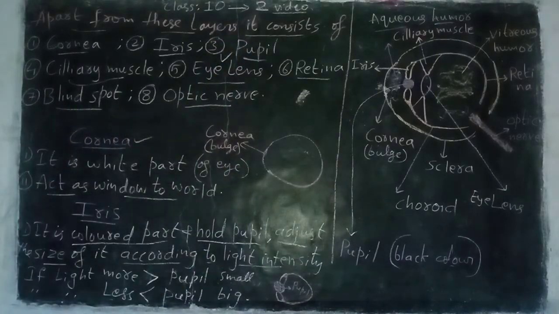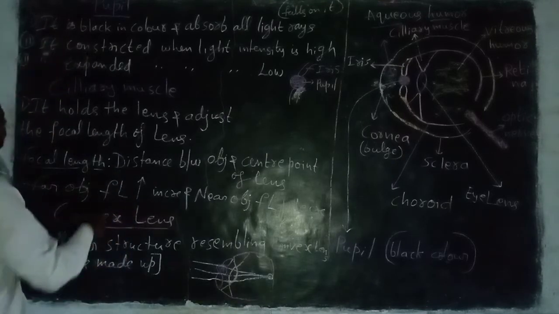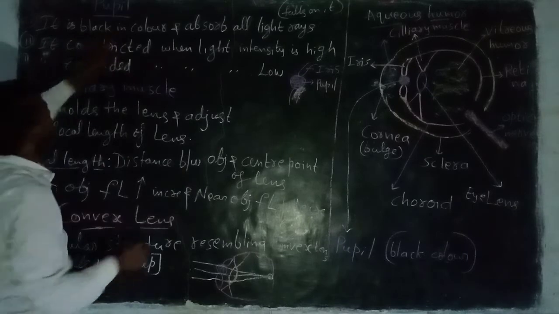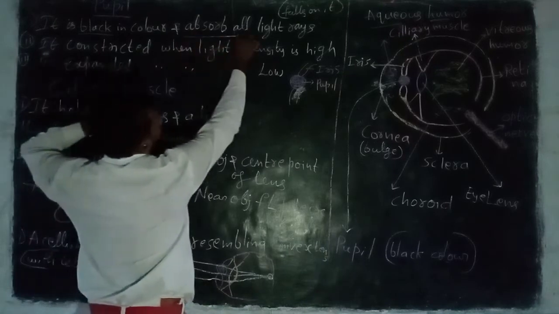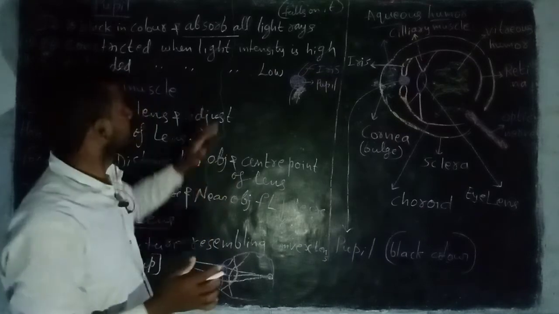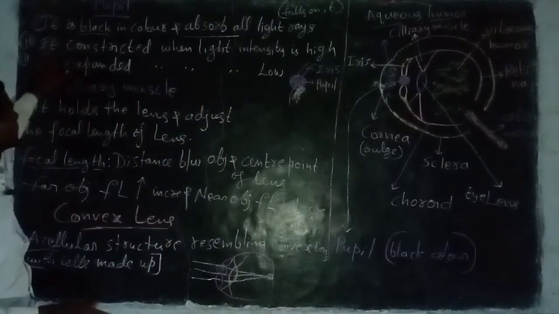Now we can see the pupil. What is the pupil and where is it located? How is it working? It is black in color and absorbs all the light rays which fall on it.